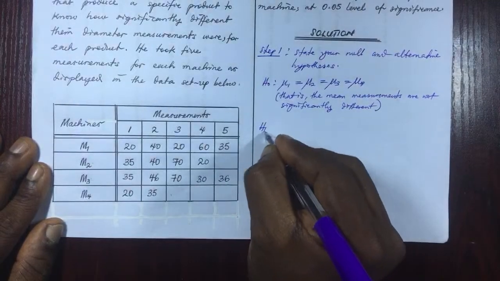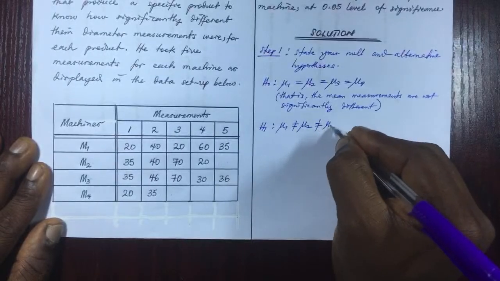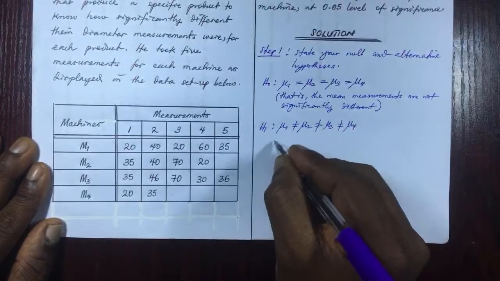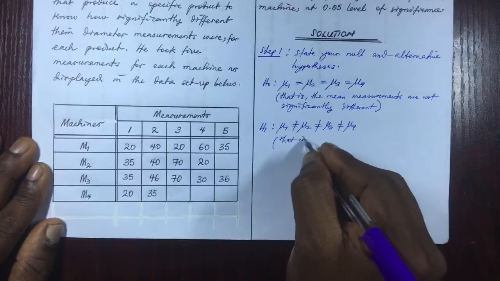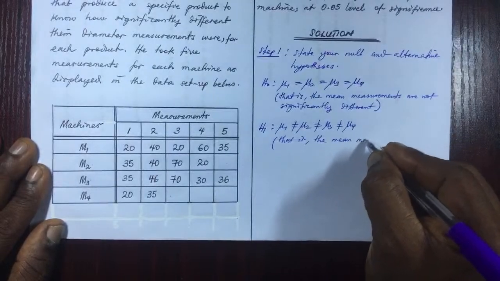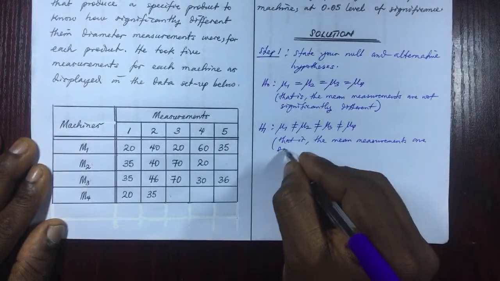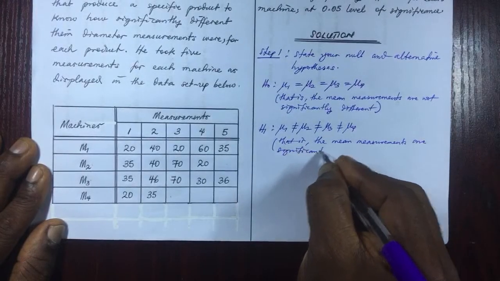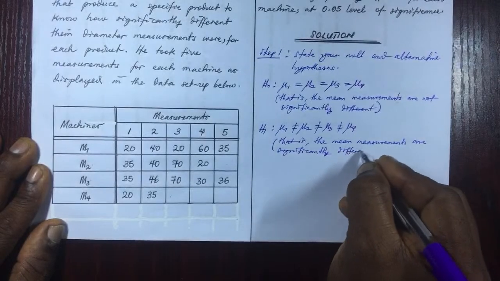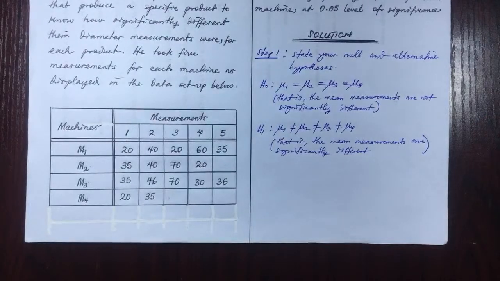Now, for the alternative hypothesis, mu1 will not be equal to mu2, will not be equal to mu3, will not be equal to mu4, and this is otherwise to mean that the mean measurements are significantly different. Now, please take note, the essence of setting up a null hypothesis is with the intention to nullify the assertion. We intend to nullify our claim.